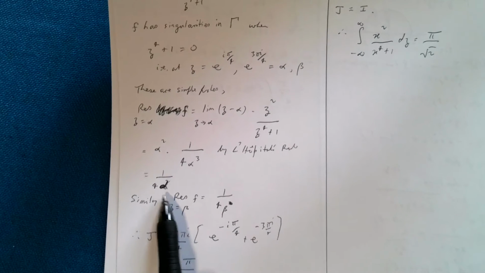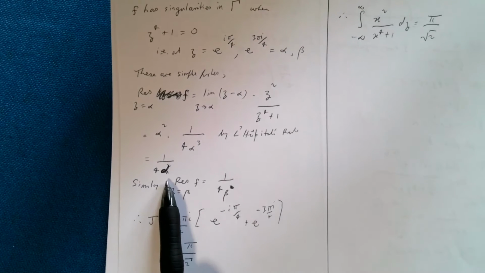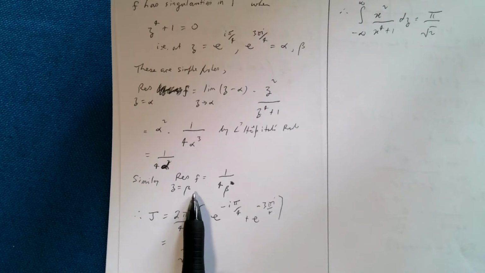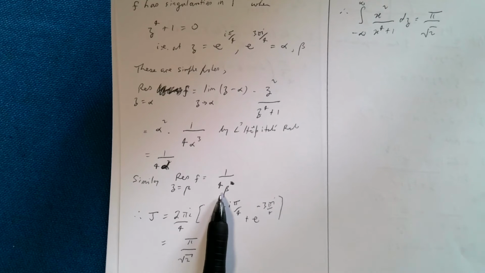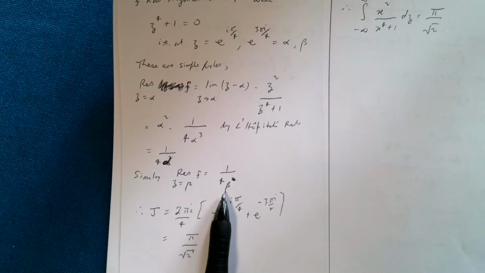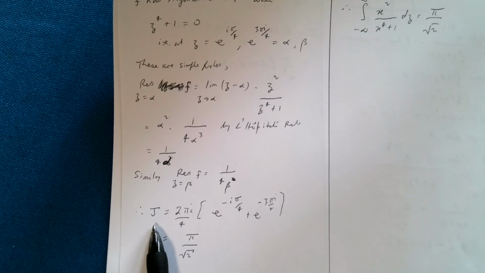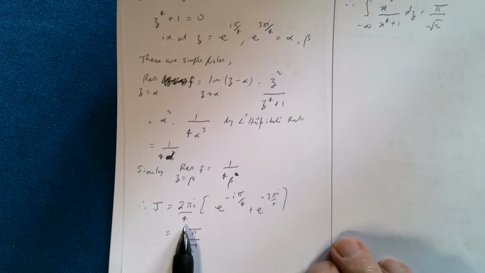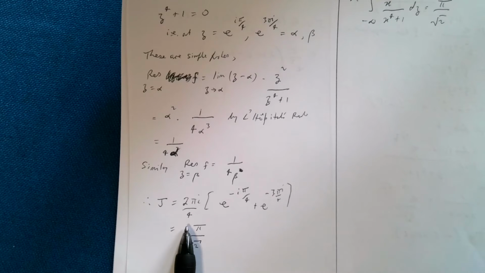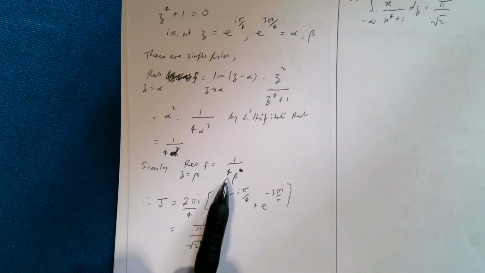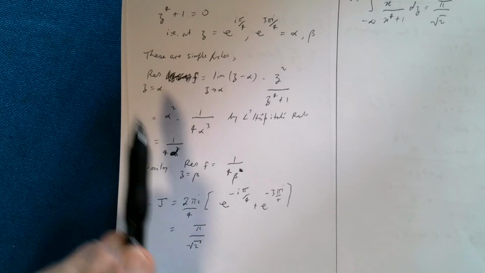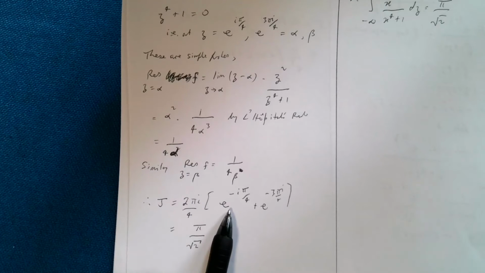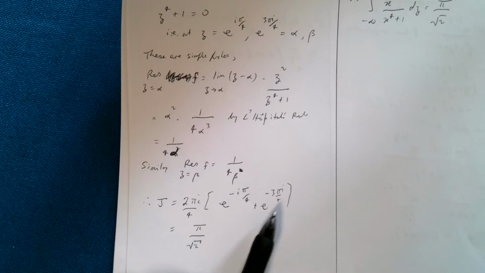Now of course exactly the same calculation happens for beta, so the residue at beta is also going to be 1 over 4 beta. Finally then I can work out my J by taking 2 pi i times the sum of the residues. So I take a quarter out. Now 1 over alpha is e to the minus i pi on 4, and 1 over beta is e to the minus 3 pi i on 4.